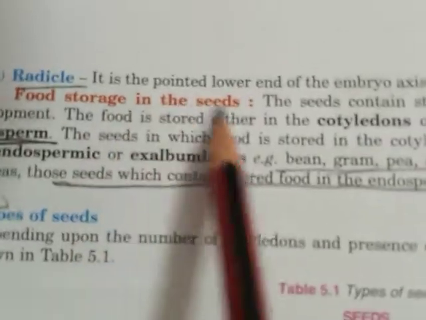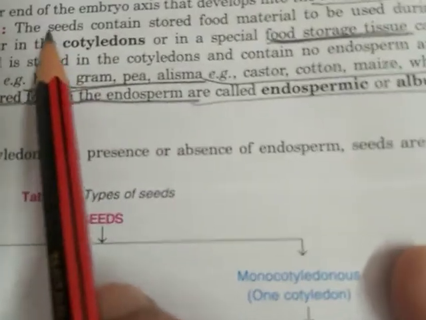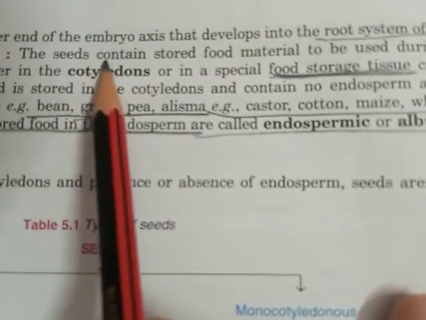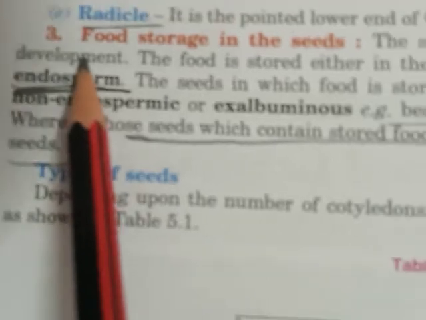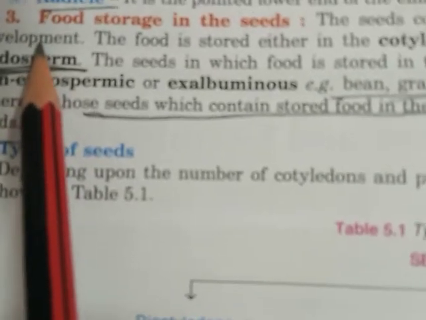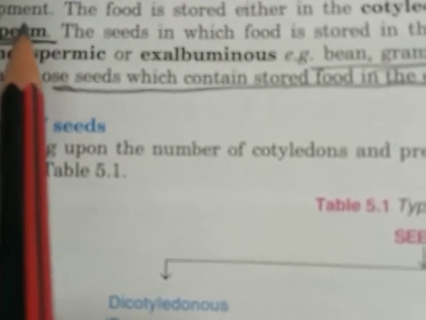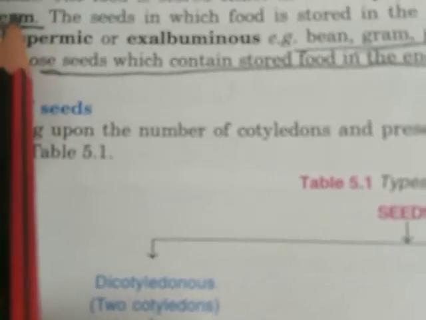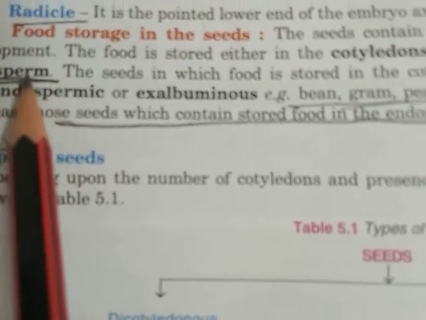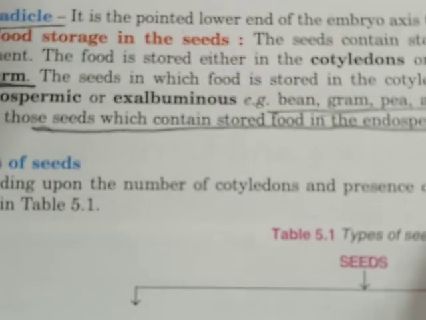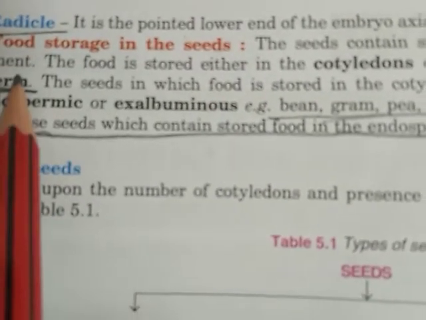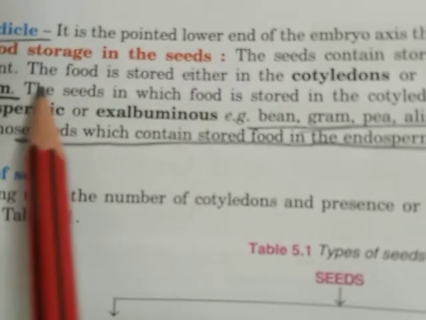Food storage in the seeds. The seed contains stored food materials to be used during the early development. During the early development of the seed, this food is used.